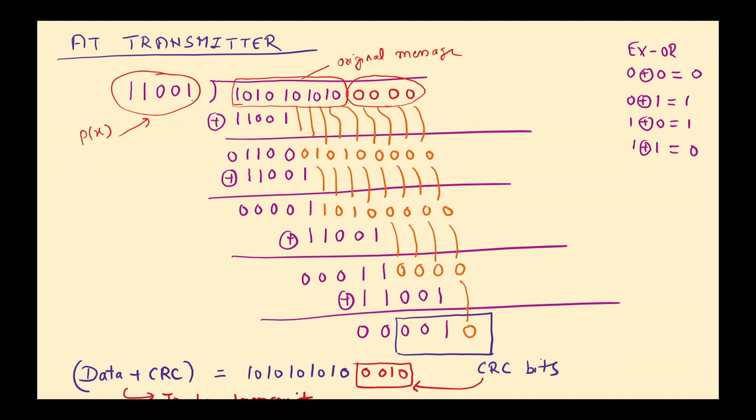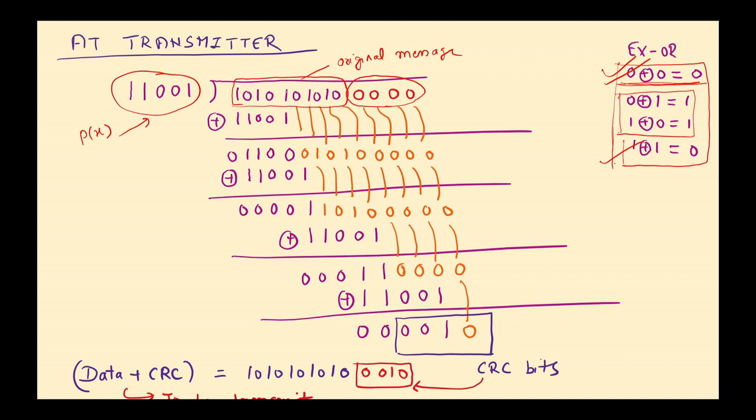In the division operation, the operation is a mod operation or XOR operation. So here we have to follow this method. If the bits are equal, your output is 0, but if the bits are unequal, then the output is 1.